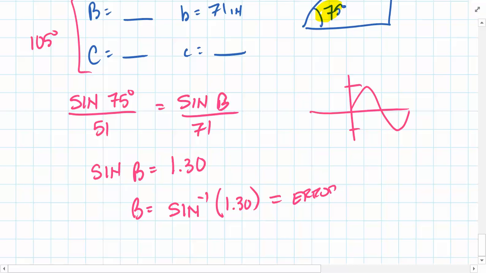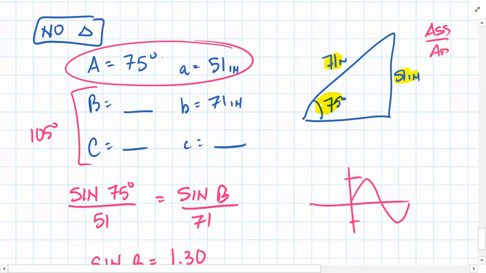So therefore, the domain when I take the inverse of that is going to be between 1 and -1. This is too big. So therefore, it must be the case that no triangle could ever be created given those three constraints. So if you get an error message in your calculator, or your domain for your inverse sine is outside of 1 or -1, no triangle could ever be constructed. And that brings us to the end.